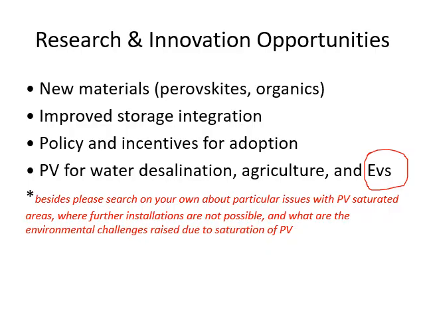Besides, you have to search on your own about particular issues. We know that photovoltaic is coming up, but there are some areas already saturated with photovoltaic. Now, what is the environmental impact we are having? That is very important to know, because that will guide us for the future direction in installing.